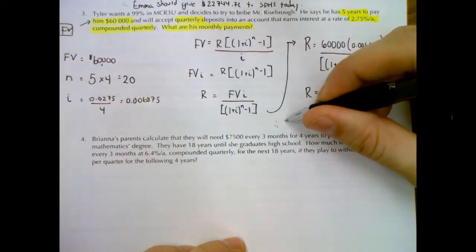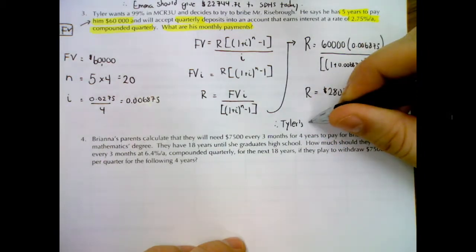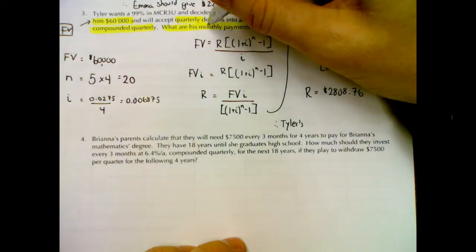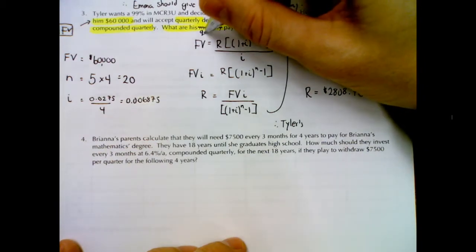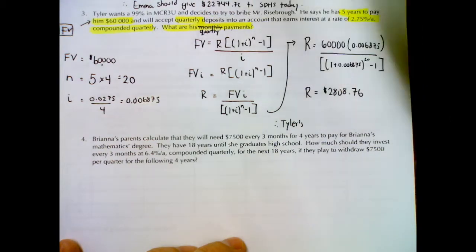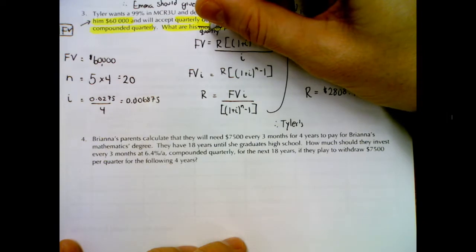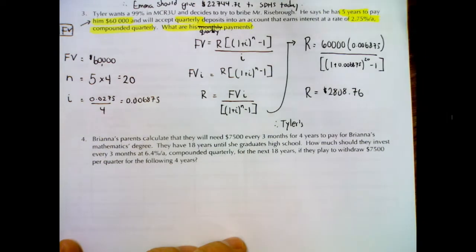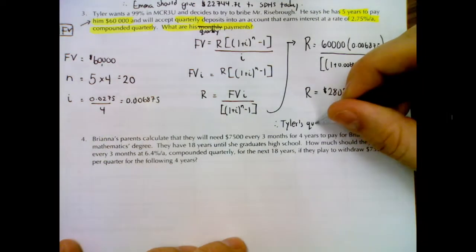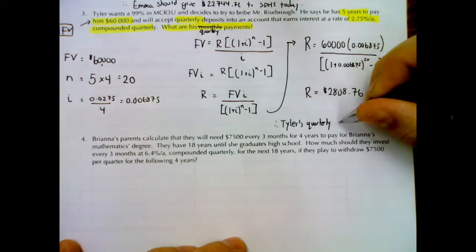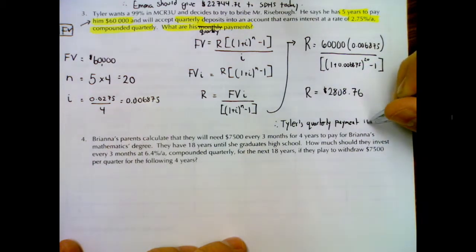Therefore, Tyler's, oh, it says monthly payment. It should say quarterly. I did not notice that. Quarterly payment is 2808.76.